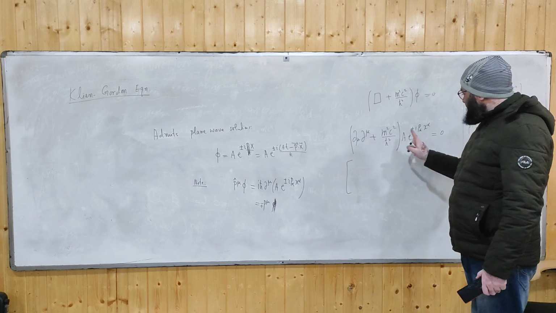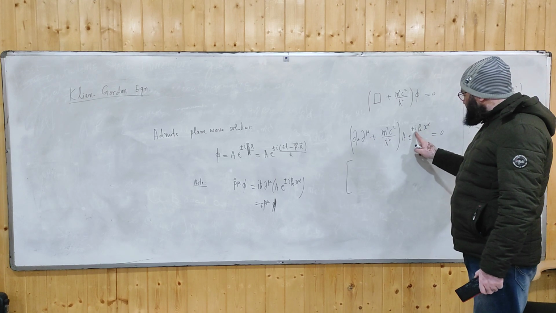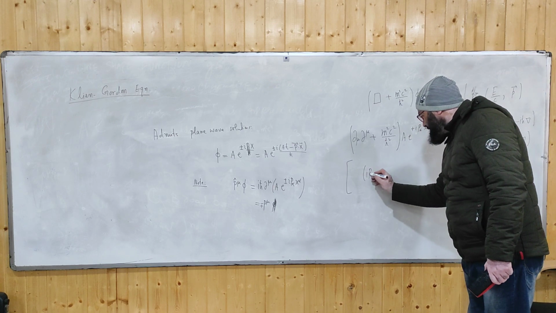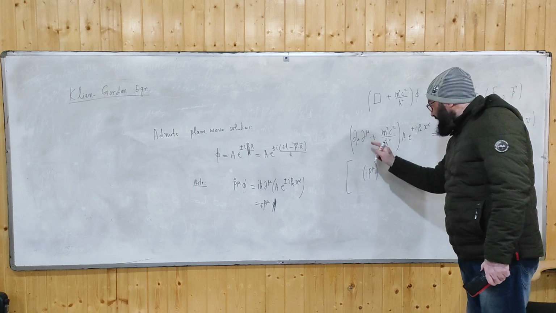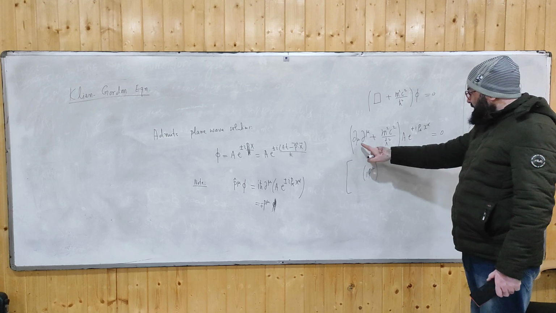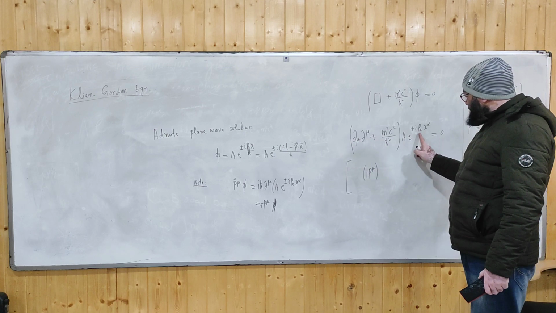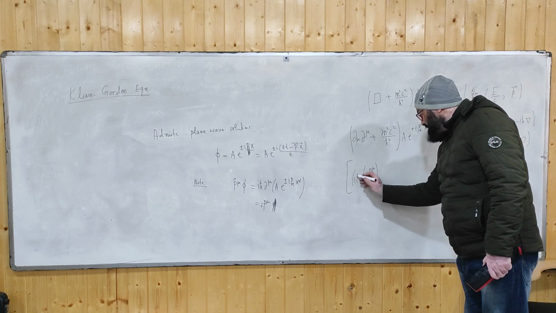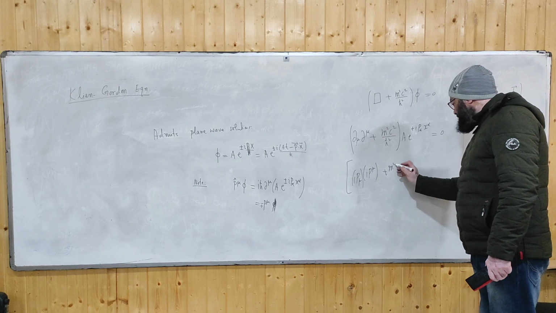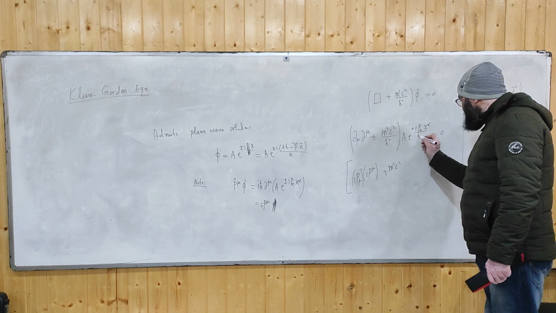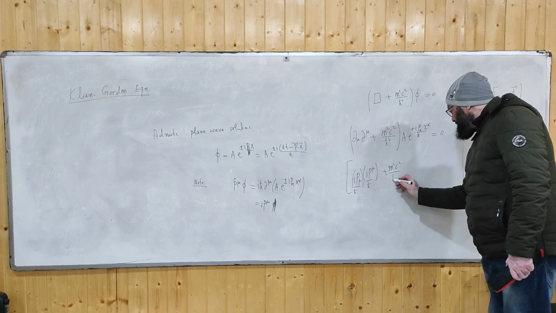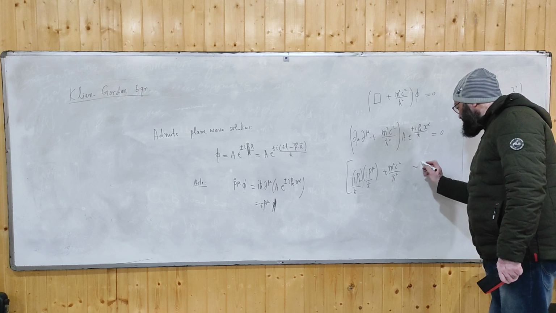When partial mu acts on x alpha, it brings down i p alpha, so from this partial mu you get i p mu, and when partial mu acts again you get another i p mu. Plus m squared c squared over h-bar squared, equal to 0.